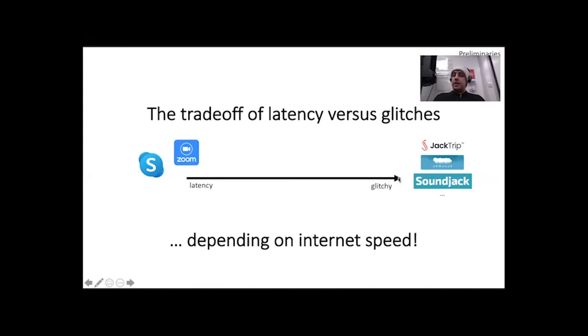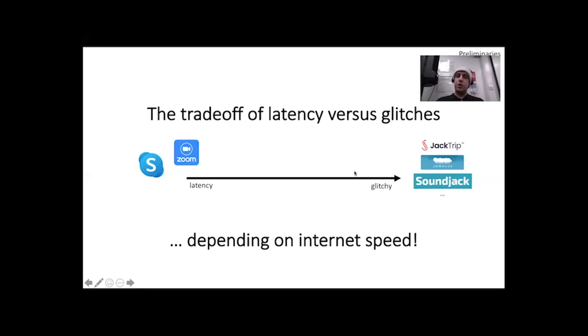You may have glitches, but they can be tuned, these programs, so you can move them slightly this way to the left, right, in order to reduce glitches and increase the latency very slightly. So it might be that the latency is still unnoticeable, or it might be that you really don't want any glitches at all, but the music you're playing is slow and doesn't have a strong rhythmic feel to it, and so you can increase your latency a bit more.